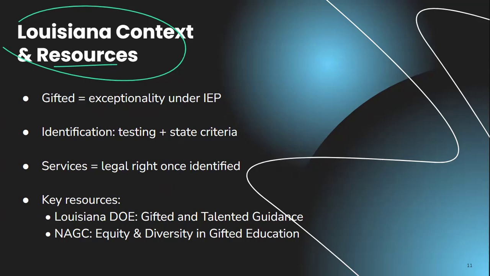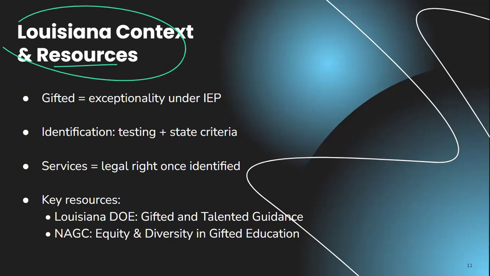The next resource is the National Association for Gifted Children's Equity and Diversity in Gifted Education Resources. These provide strategies for recognizing and serving underrepresented gifted students, including culturally and linguistically diverse learners. I find that this resource is just helpful for all students in general, whether or not they are economically disadvantaged or students of color.